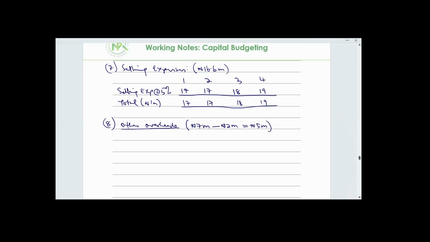The examiner told you that the other annual overhead, 7 million naira, includes an apportionment of building rate. That is, that 7 million naira includes an apportionment of 2 million naira. So what that means is that you need to deduct the apportionment embedded in the 7 million. Whatever balance you have thereafter is relevant.